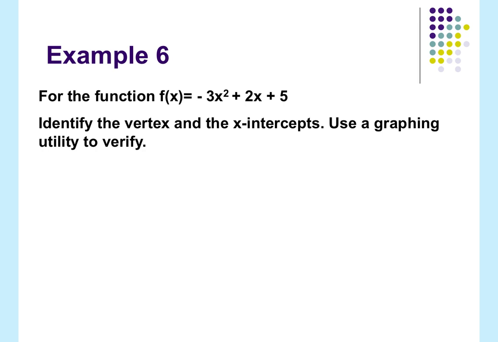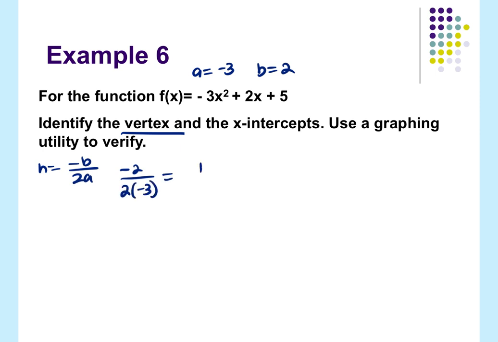All right, example 6 says identify the vertex, the x-intercepts, and then use a graphing utility to verify. So instead of doing complete the square, which you could do in this one, okay, we're going to practice negative b over 2a. So to find the vertex, I start with h being negative b over 2a. What's a? Negative 3. What's b? Positive 2. So negative 2 over 2 times negative 3 is positive 1/3.